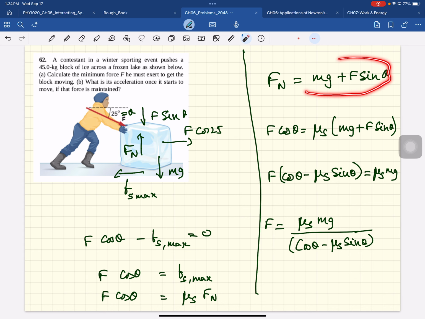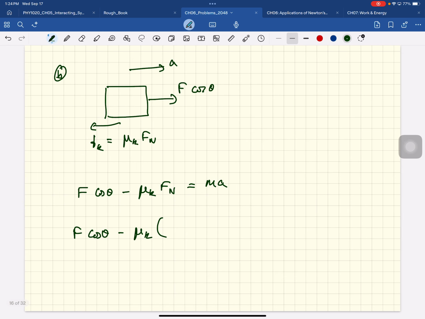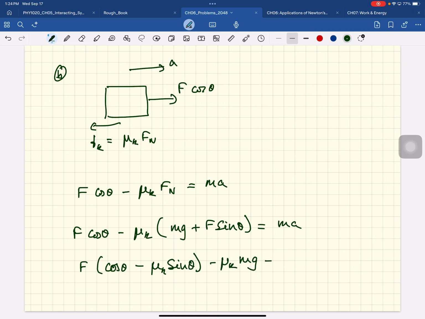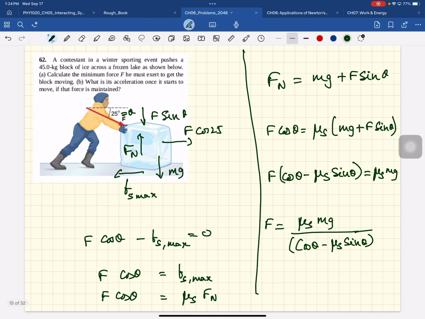So in this part, you would solve for F. You have to look up mu s for ice on ice, and mu k for ice on ice.